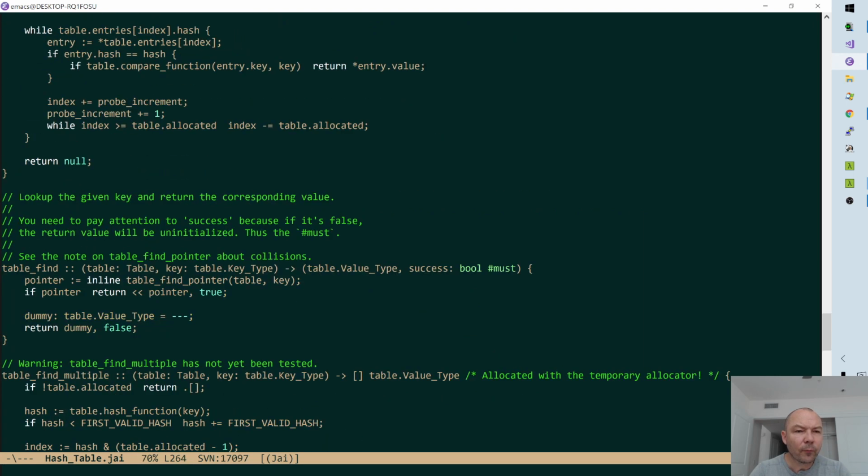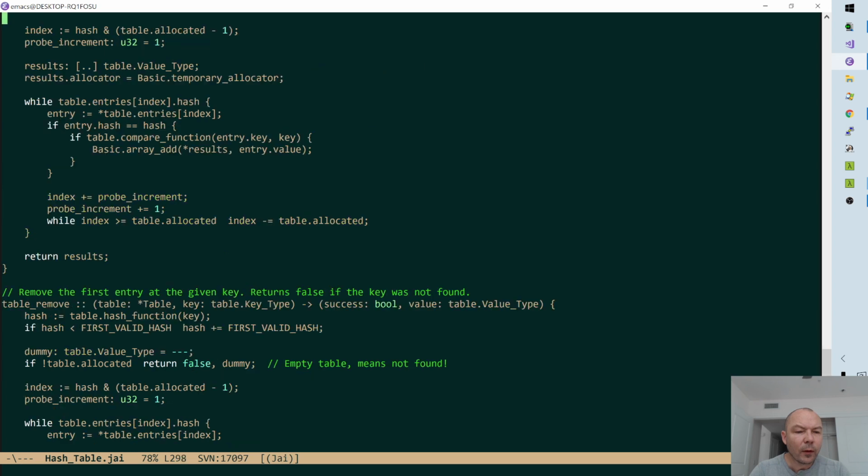There are 2 different things, because there's add collisions and search collisions, like how many times do we look for something when we're searching? And those are 2 different things, I guess.